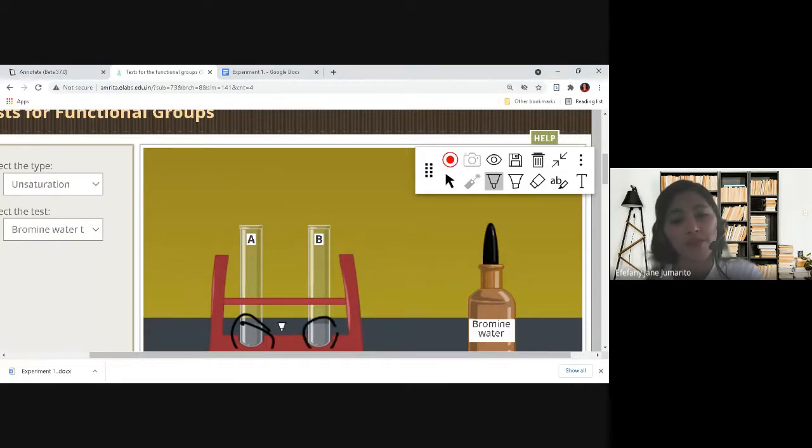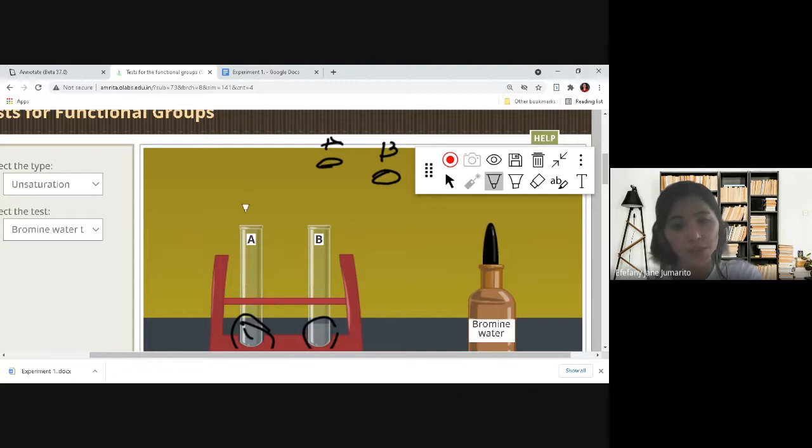Okay, class, we have two organic compounds here. We have organic compound A and organic compound B. We dissolve organic compound A with water up to 2 ml.